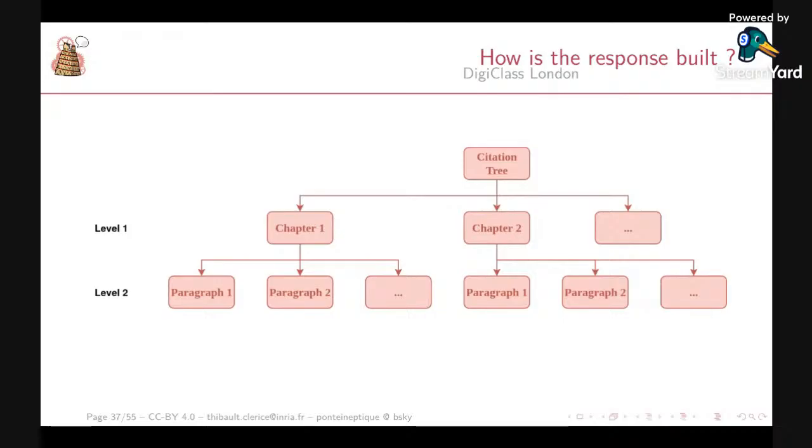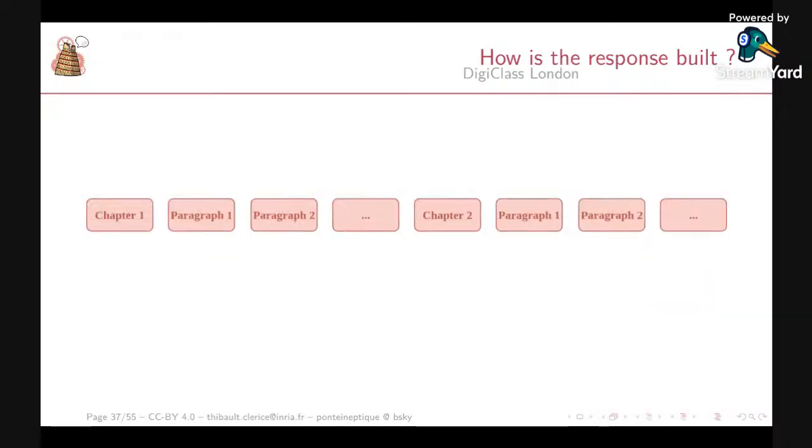So how is the response built? You have this kind of citation tree. The way the navigation endpoint will give you back the tree is in document reading order. So you have the ability to say, I want level 1 and level 2, for example, or down to level 2. So I want every chapter reference and every paragraph reference.